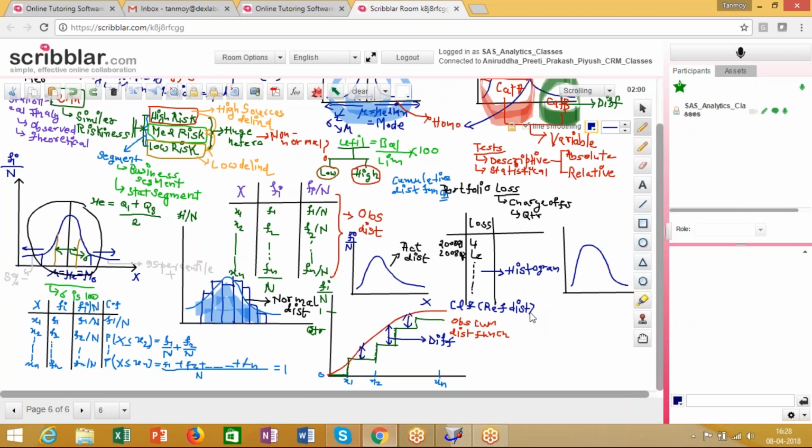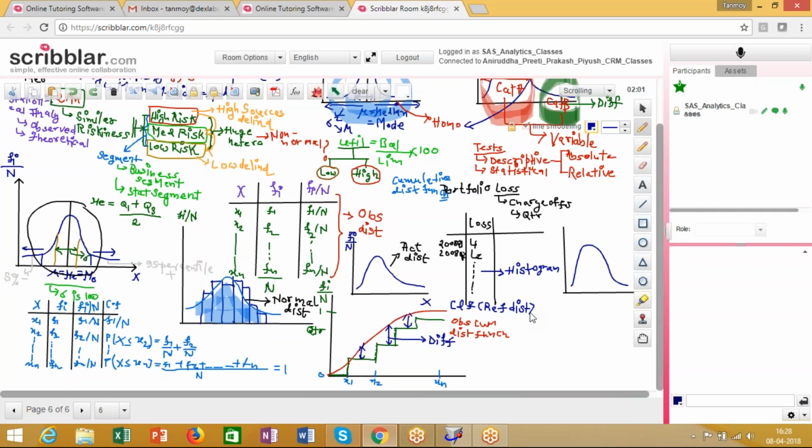And the cumulative distribution function of the observed distribution is concerned. Now the difference between these two distributions is found out. So what is the difference between the observed cumulative distribution function and the CDF of the normal distribution? If that difference is found to be significant, then we'll say that this observed distribution does not follow a normal distribution.